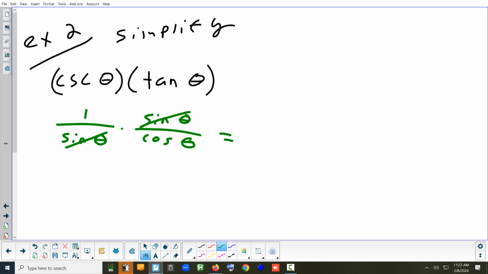Secant. So how do you know if you should leave it as 1 over cosine or secant? Well, I would argue if you can write it as not a fraction, that is simpler. So secant is simpler than saying 1 over cosine. Okay. Question on that? Okay. Still kind of an easy level idea.